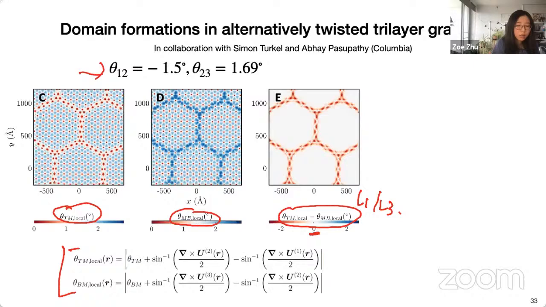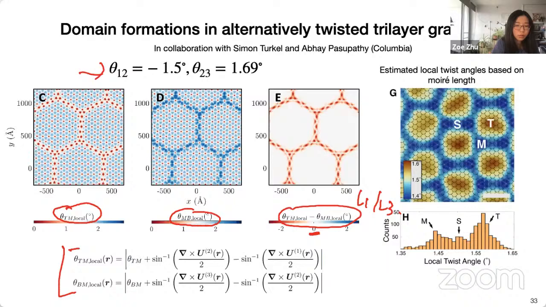And so another thing we can do with this is use a single number to quantify the local twist angles by looking at the separations of the local AAA spots. And here in the figure on the right, I'm showing you the local twist angles converted from the local AAA separations to a single twist angle.